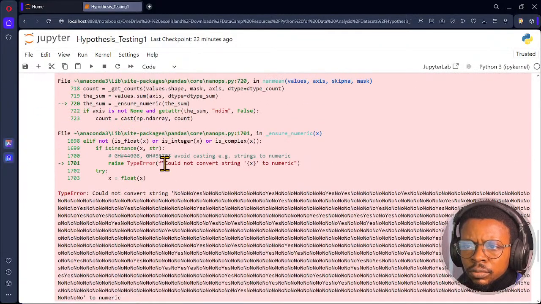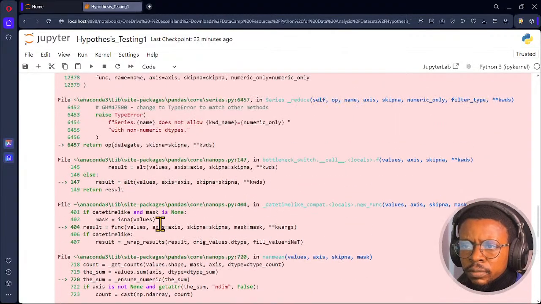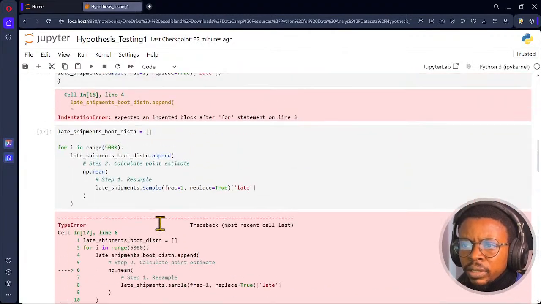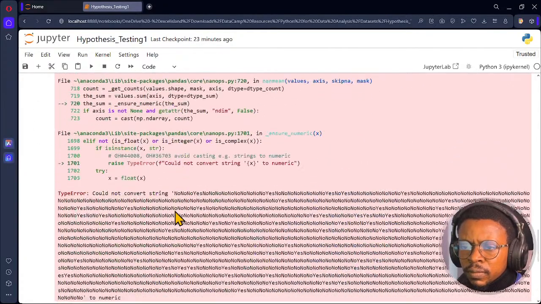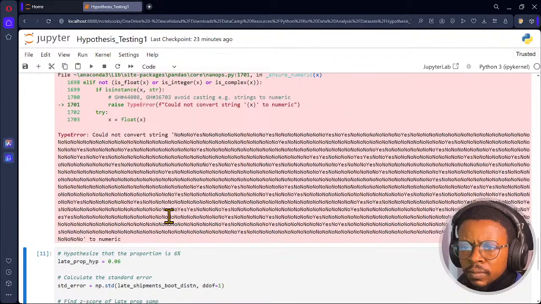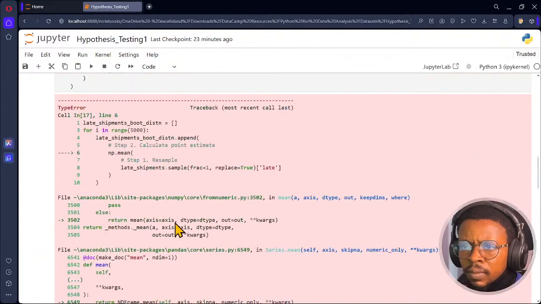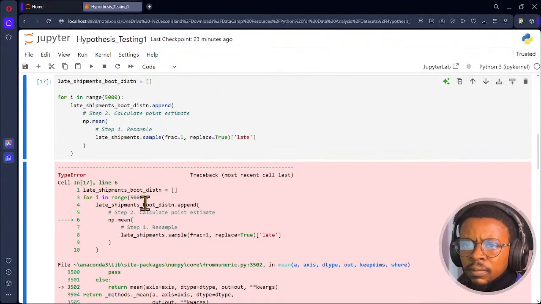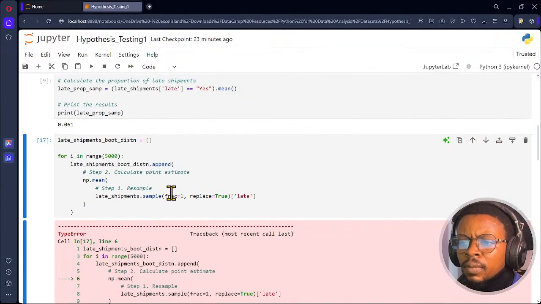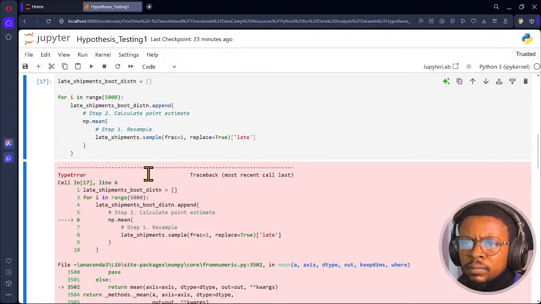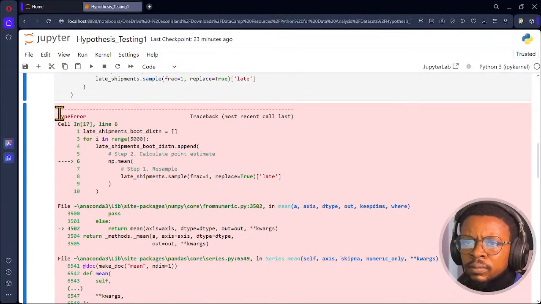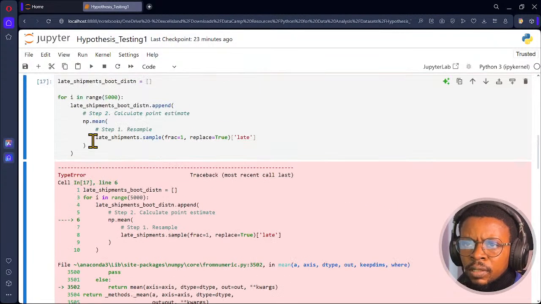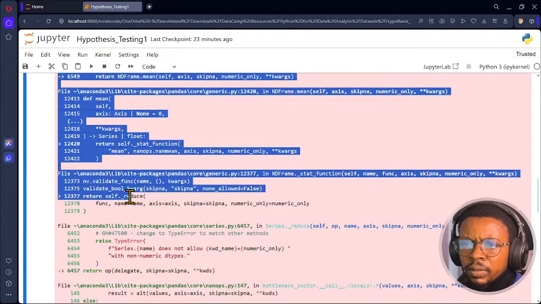So we could not convert this string. I only need the actual yes alone, for the yes. Let's see if we can solve this error real quick.